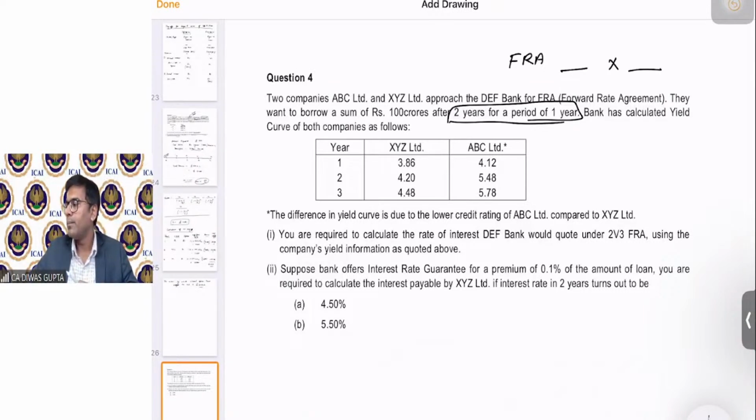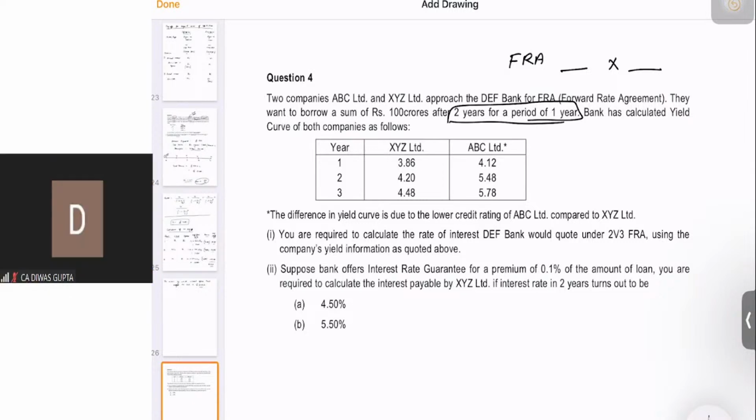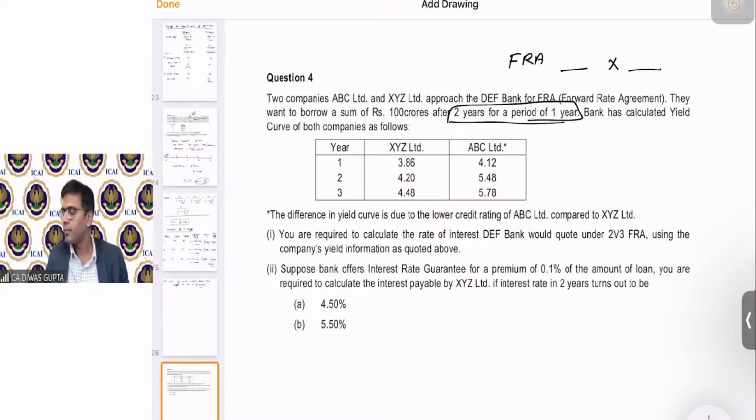Tell me. So this will be a notation of FRA.